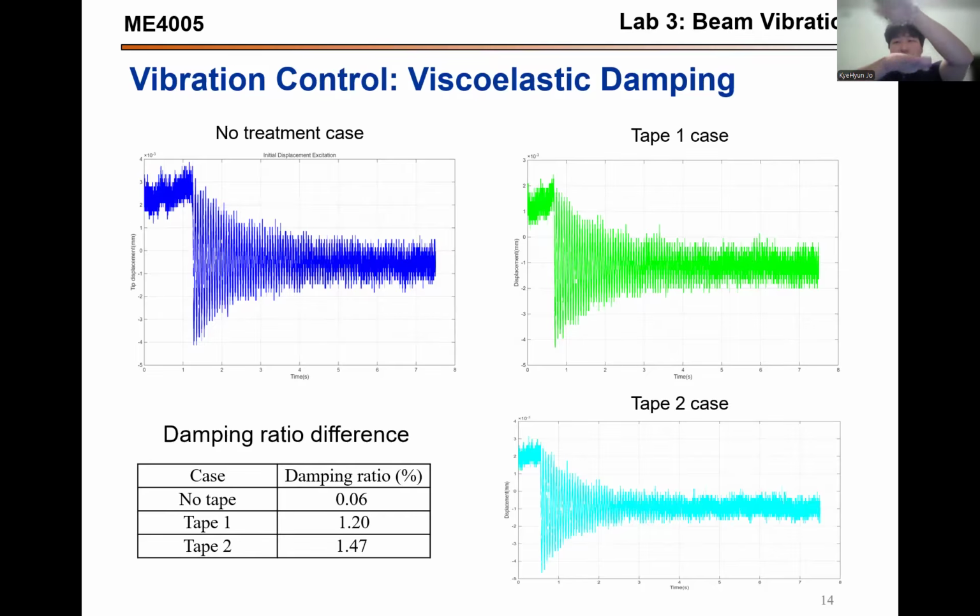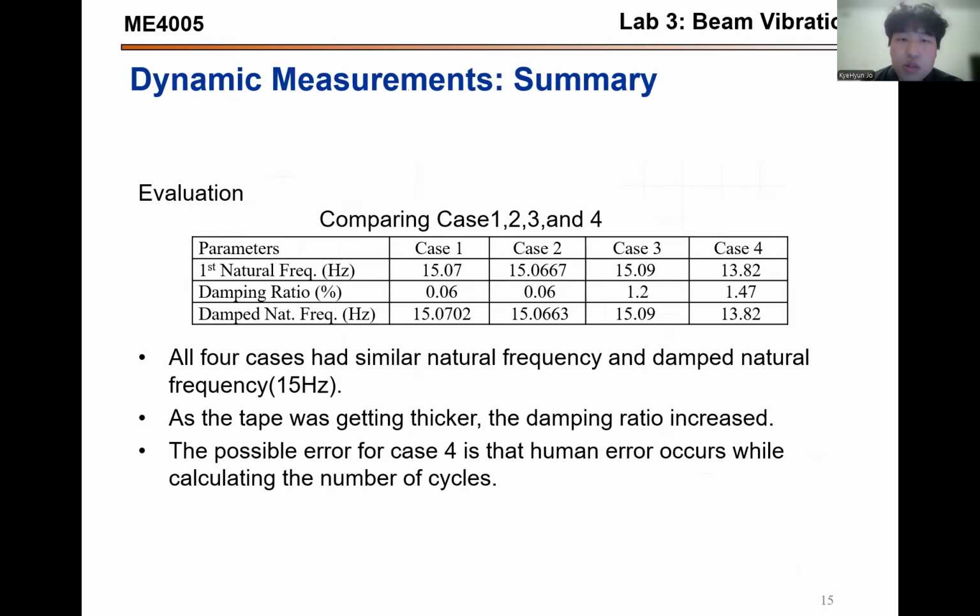Tape 1 is a little bit faster, and tape 2 is much faster. You can see the damping ratio difference in the table. With no tape, the damping ratio was 0.06%. Tape 1 was 1.2%. Tape 2 was 1.47%.